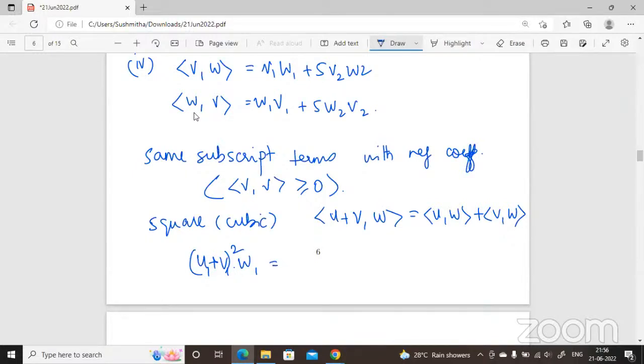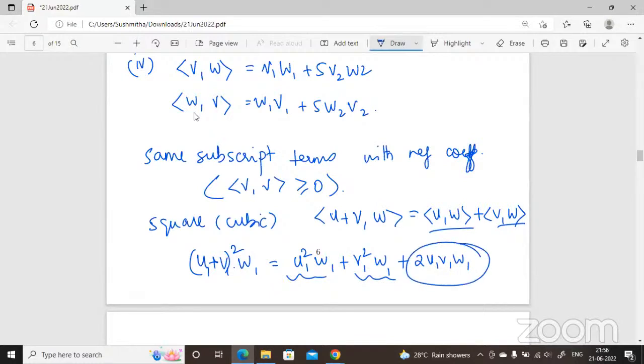When I expand, I'm going to get U1 squared W1 plus V1 squared W1 plus 2 U1 V1 W1. This I want for these two. This is unwanted, right? I want to get this. These two will be available here, but this is an unwanted term, right?